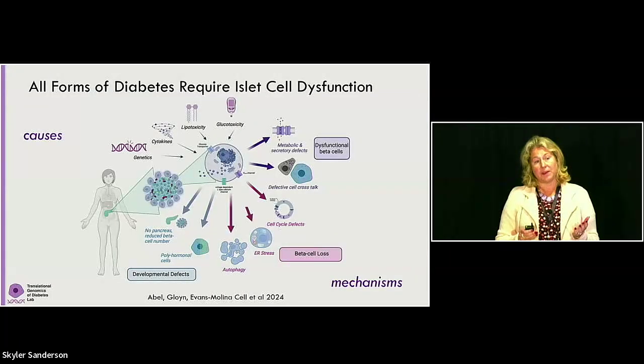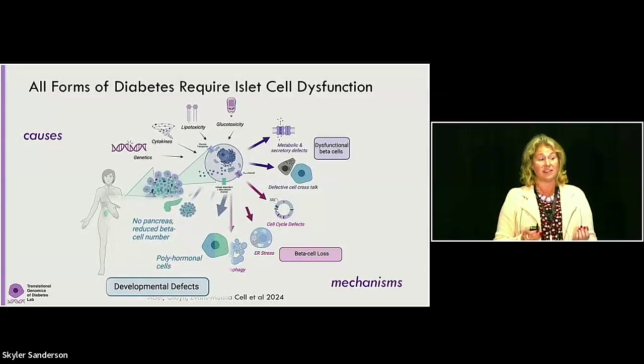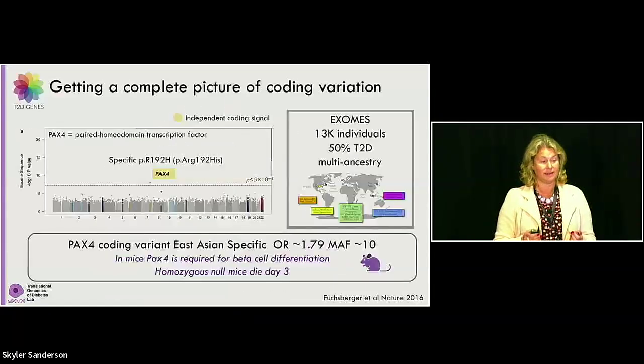So I'm going to take you through this by giving you some examples of how we can learn about the three major ways that we can lose our pancreatic beta cell mass. And we're going to start with an example of learning about the developmental defects in type 2 diabetes.